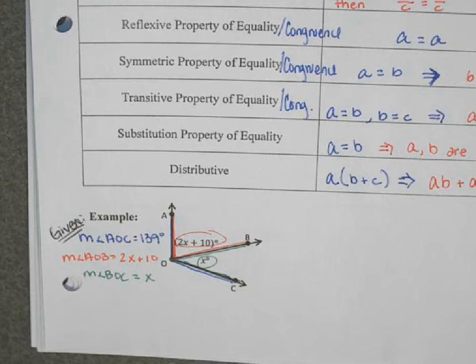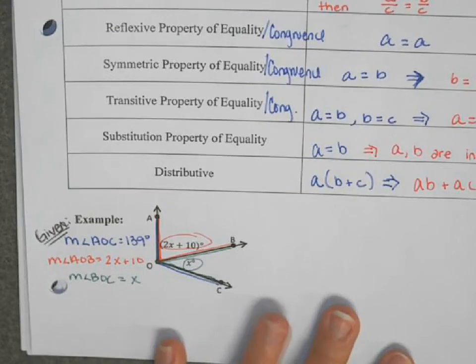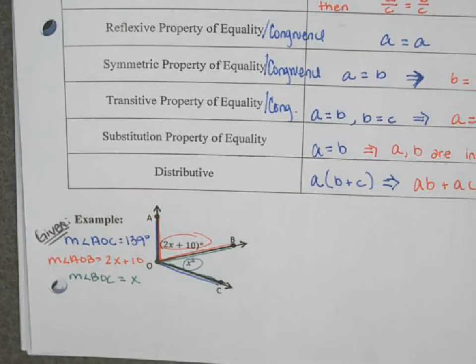Okay. So if I want to solve for x, what is my setup going to be here? How could I come up with an equation? Go ahead. Yes, that is the setup.